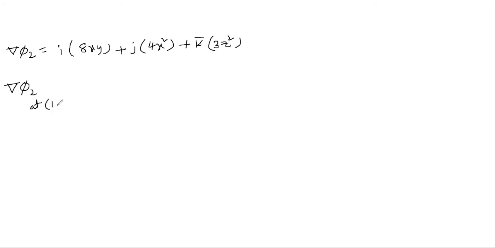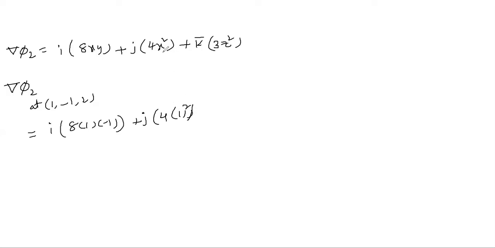You find del pi 2 at the point 1 comma minus 1 comma 2, given in the question. So i into 8 into 1 into y value minus 1. Next, j into 4 into x value 1 square. Okay, 4x square means 4 into 1 square.